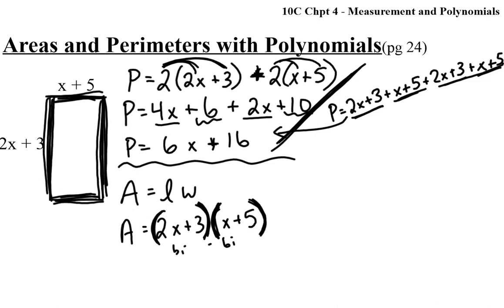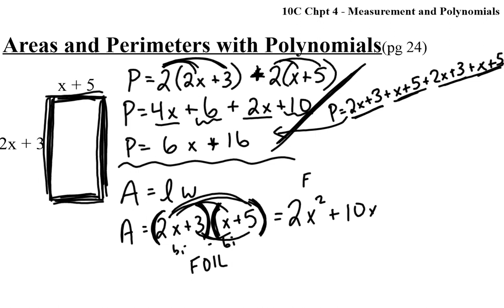There's no addition or subtraction sign, so it is a binomial times a binomial, which means we require FOIL. 2x has to multiply twice, 3 has to multiply twice, and that will give us the first terms, 2x squared, plus the outer terms, 10x, plus the inner terms, 3x, plus the last terms, 15.